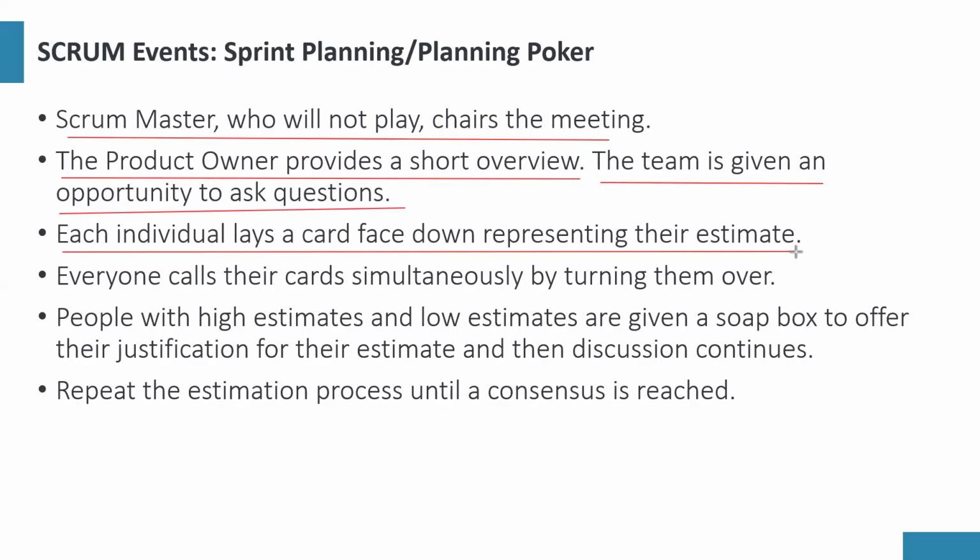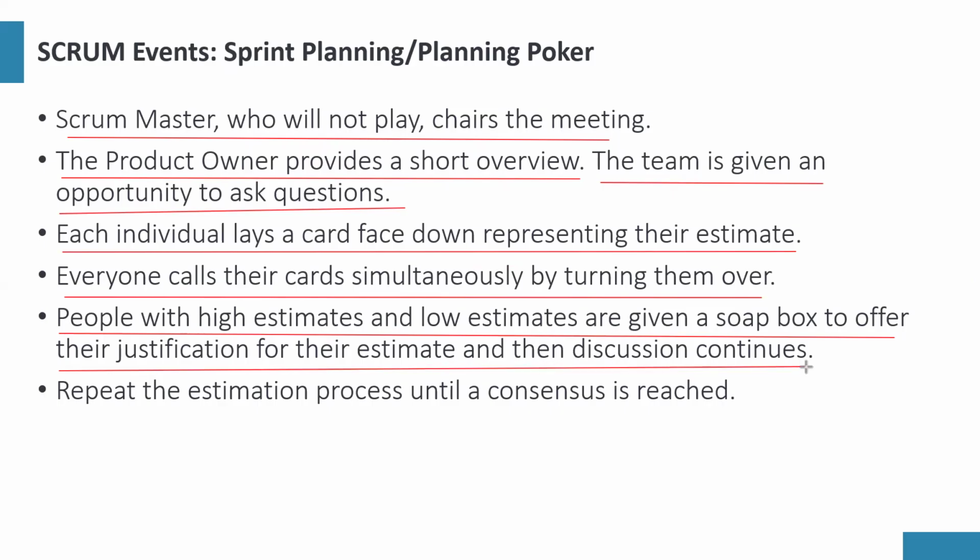When it's time, everyone turns their cards over simultaneously. People with high estimates and low estimates are given a soapbox to offer their justification for their estimate, and then discussion continues. Then you repeat the estimation process until a consensus is reached. Right? So that repetition is done so that we can learn.